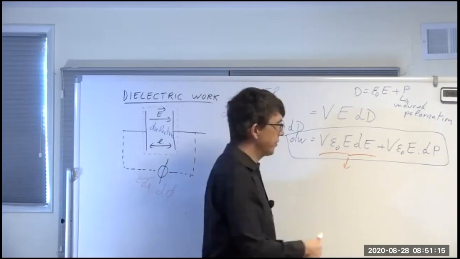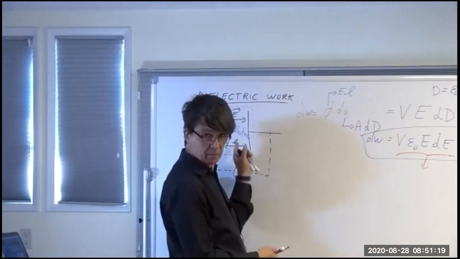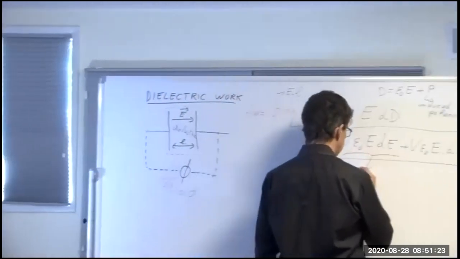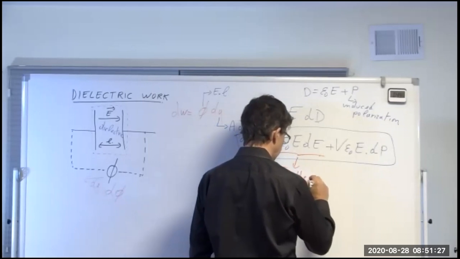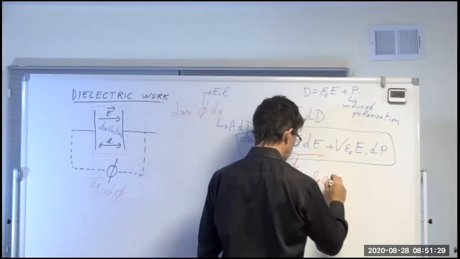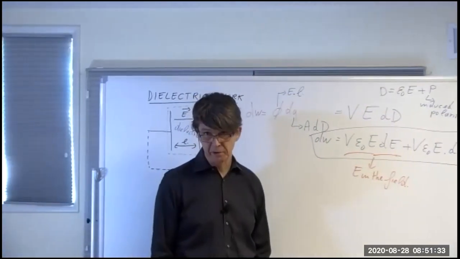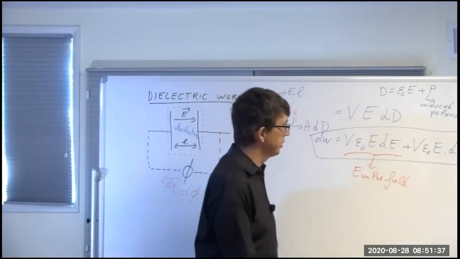So if I had no material in the system, if this were empty, I still have that term. So that's why sometimes this is called the energy of the field, because it would be there even if I didn't have a material. And then the contribution that's stored in the material comes from this term.